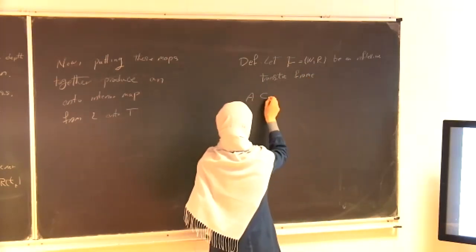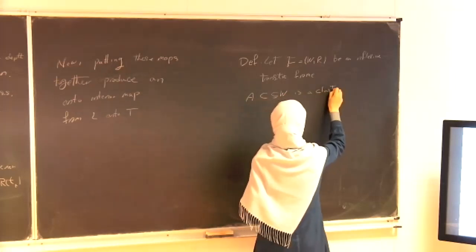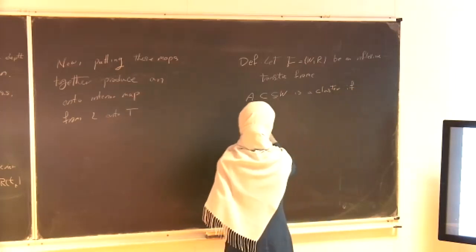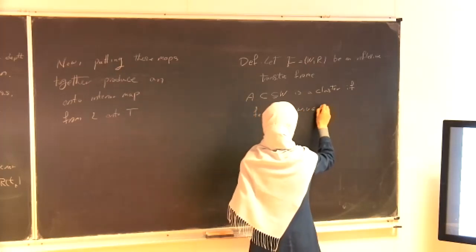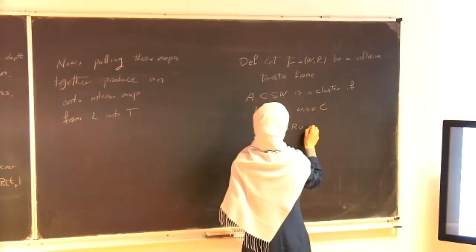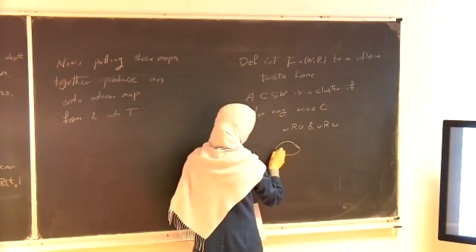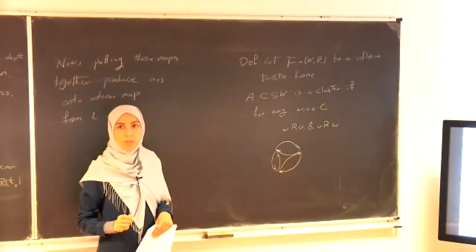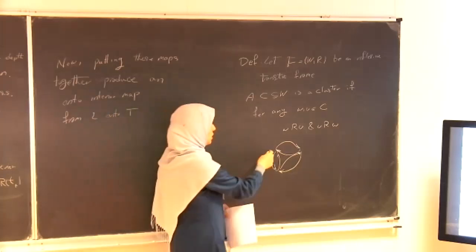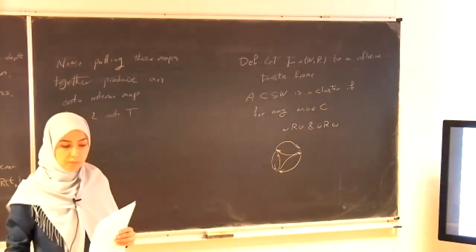A subset C of W is a cluster if for any w and v in C, we have wRv and vRw. So a cluster is something like this. We have such a picture in our frame: of any given two points, they are related to each other. It's a cluster.